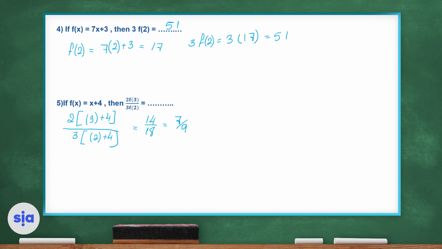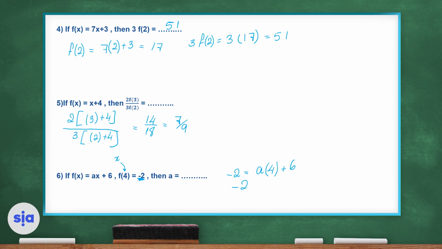Question 6: if f of x equals ax plus 6 and f of 4 equals negative 2, this number is representing x in f of 4, and this is the result. So negative 2 equals a times 4 plus 6.